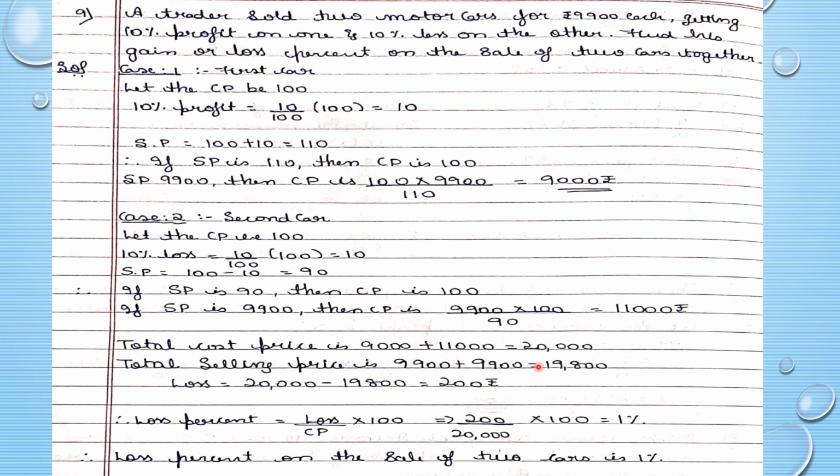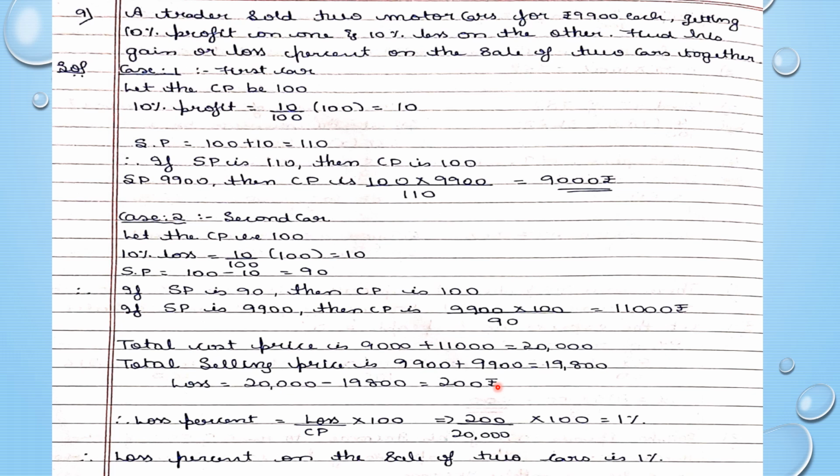So when you add, it becomes 19,800. So cost price is 20,000, selling price is just 19,800. That means this 200 rupees is loss. Why? Because if the selling price is more, then it is a profit. If the selling price is less than the cost price, then it is called a loss.